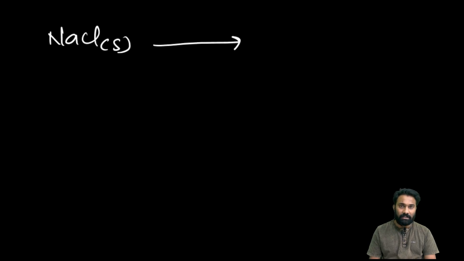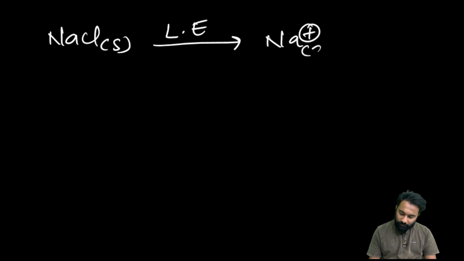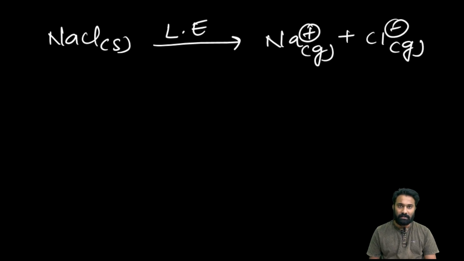The energy I give, to convert the NaCl solid into its constituent ions, Na plus gas and Cl minus gas, is the lattice energy. Clear? Whatever energy it takes is the lattice energy.